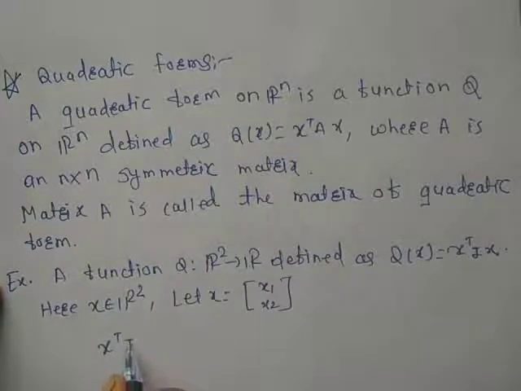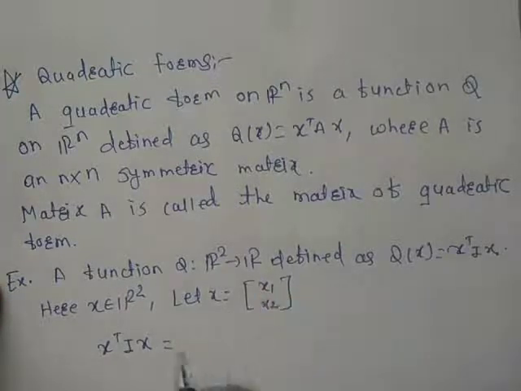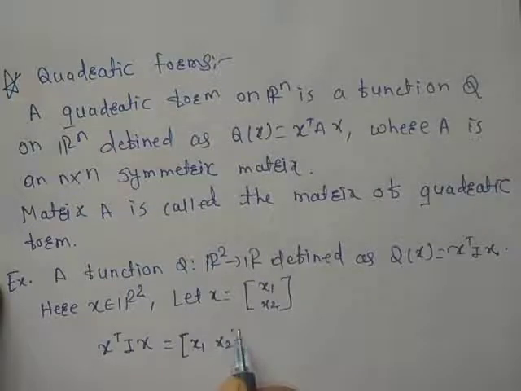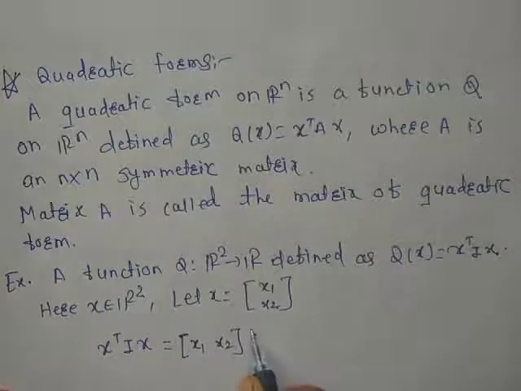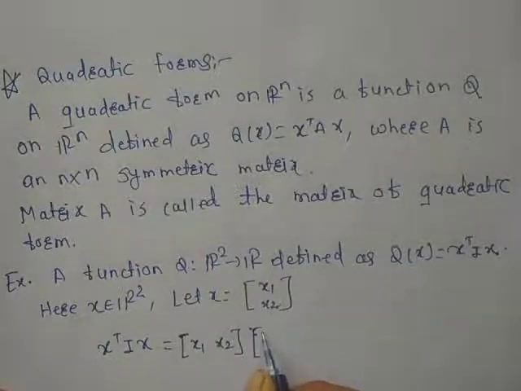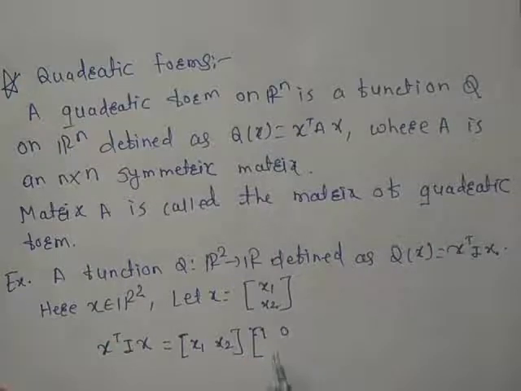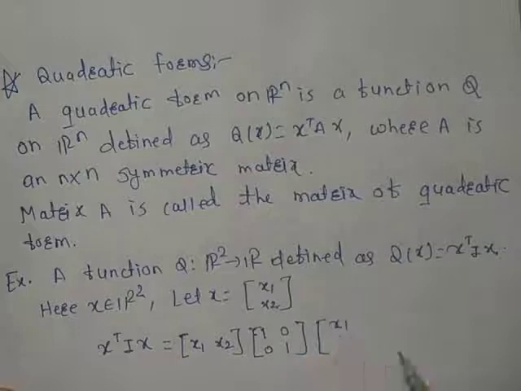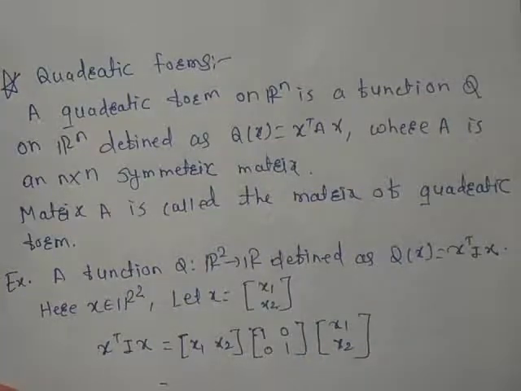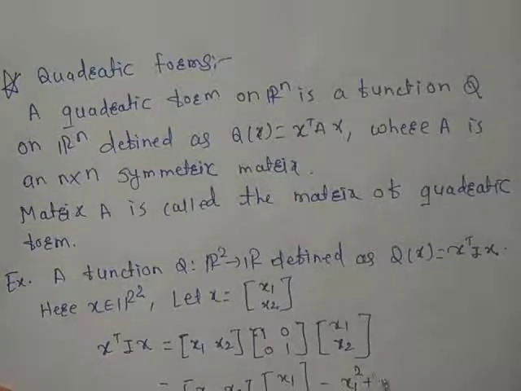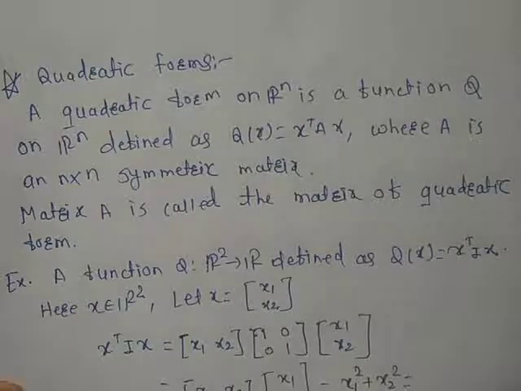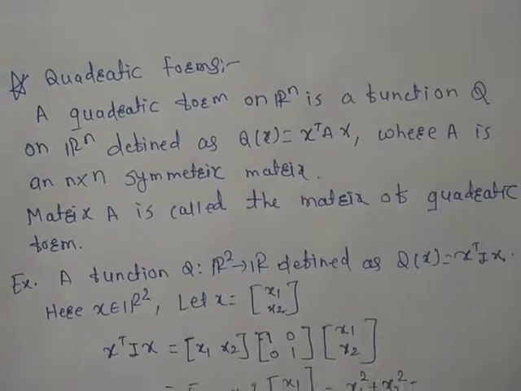So x transpose I x equals x1 x2 times I, where I is the identity matrix of order 2, times x1, x2, which equals x1 squared plus x2 squared.